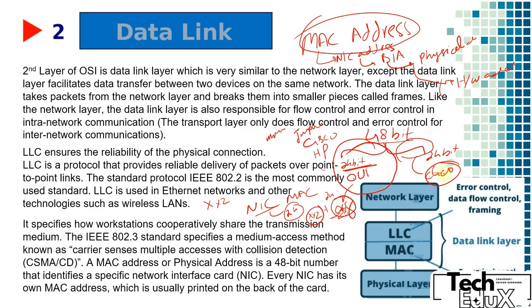Basically, when the client installs this NIC card, he will have a very different, unique MAC address. That is the whole idea of having a MAC address. Further, the data link layer has two portions: one is LLC and the other is MAC. LLC is used to communicate with the upper layer protocols like IP and IPX.